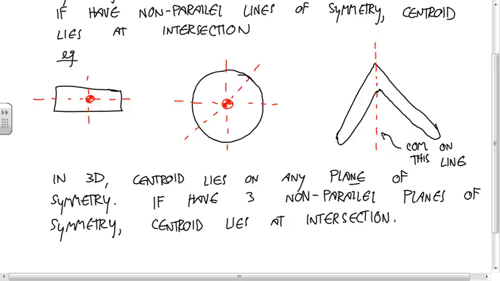Okay, so let me give you a couple of shapes that are going to come up in this class that you'll need to calculate centroids for. So here are a couple simple shape centroid formulas.